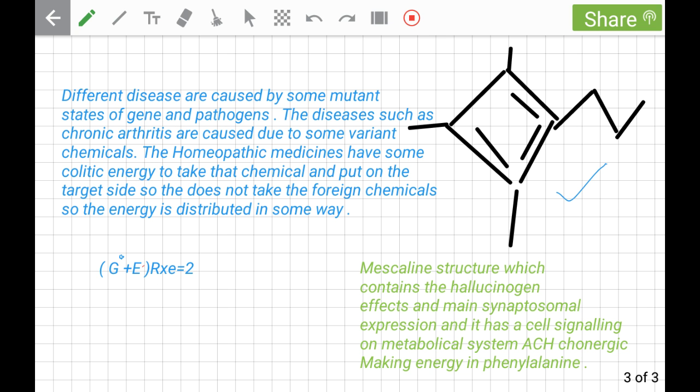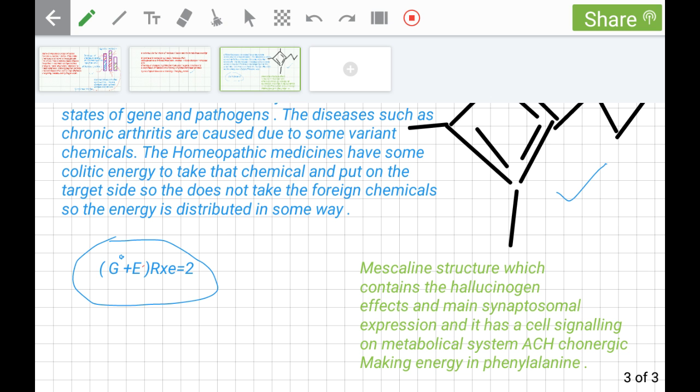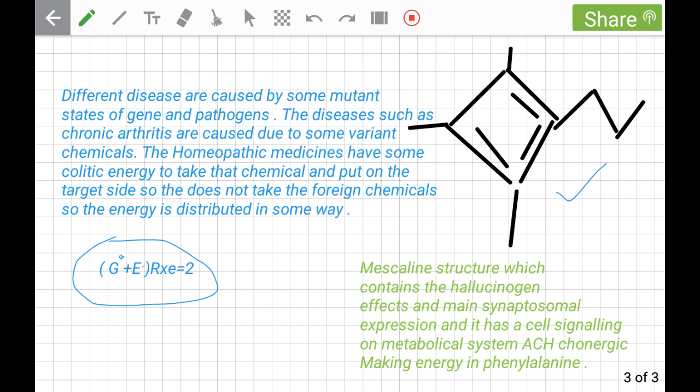So it can be controlled by some mother tinctures and can be made from a coding structure. So this is the formula of distributive system. So this is the end of the system which I have made here.